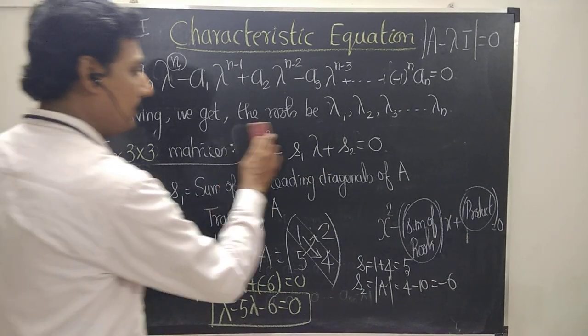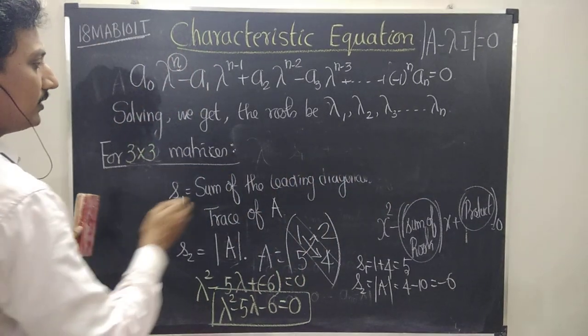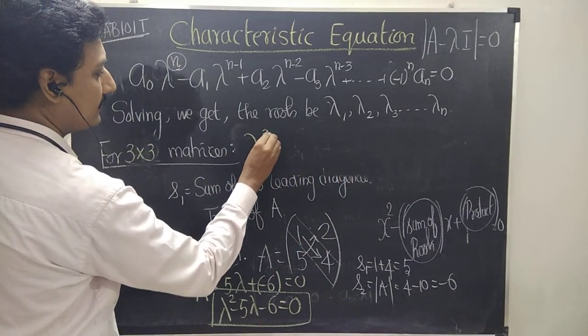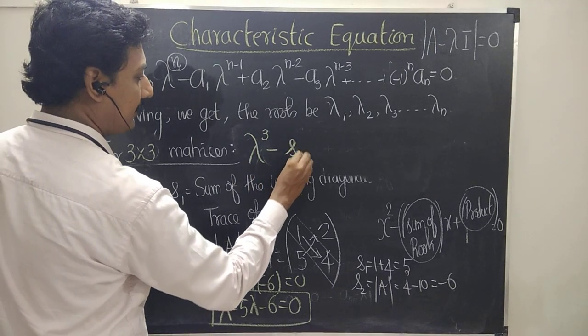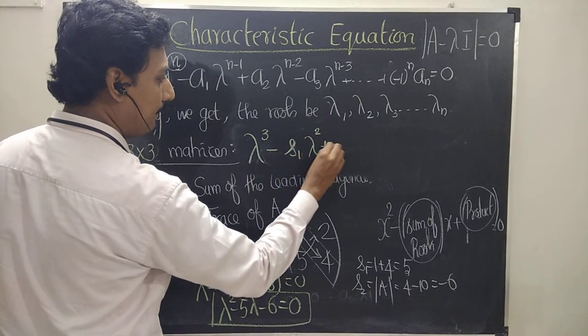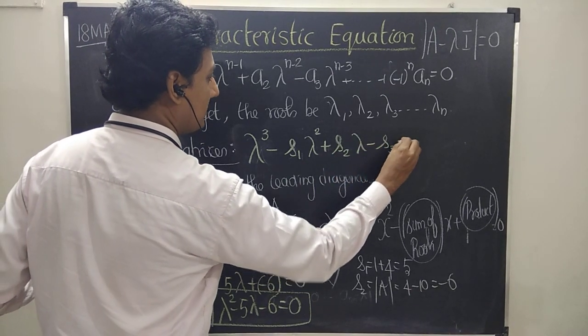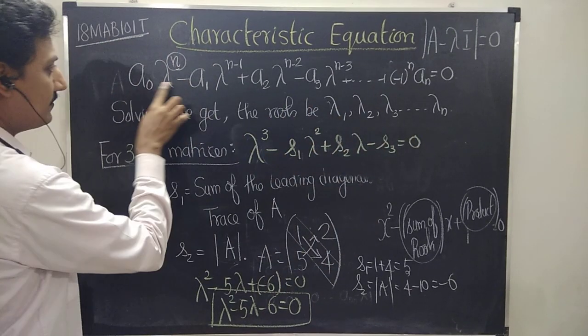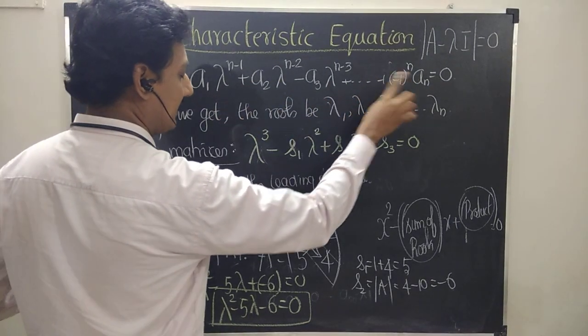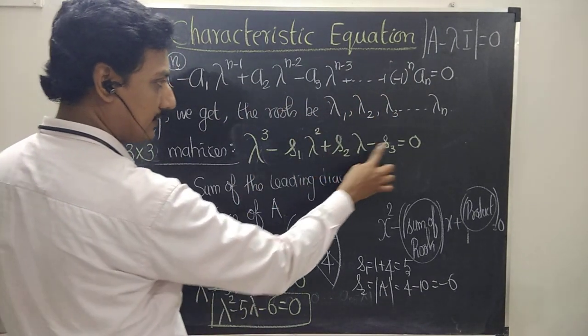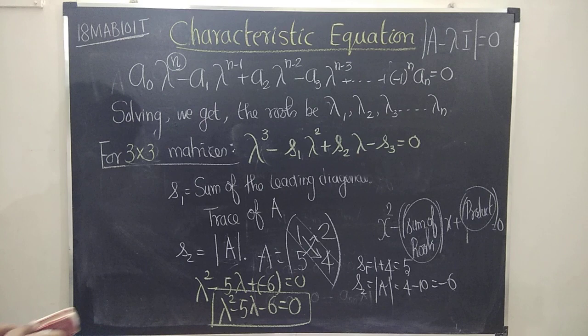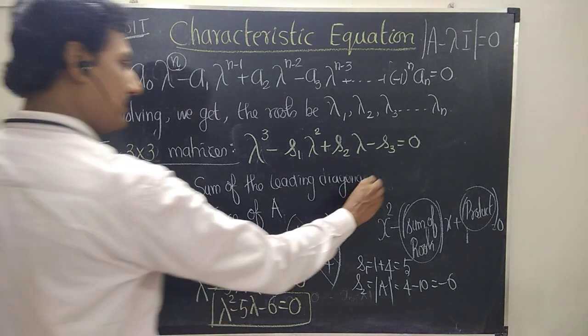Now what about the 3 cross 3 matrix? For a 3 cross 3 matrix, the polynomial is lambda cube minus S1 lambda squared plus S2 lambda minus S3 is equal to 0. Please see the signs: plus, minus, plus, minus, etc. Now what about S1? S1 is the same.